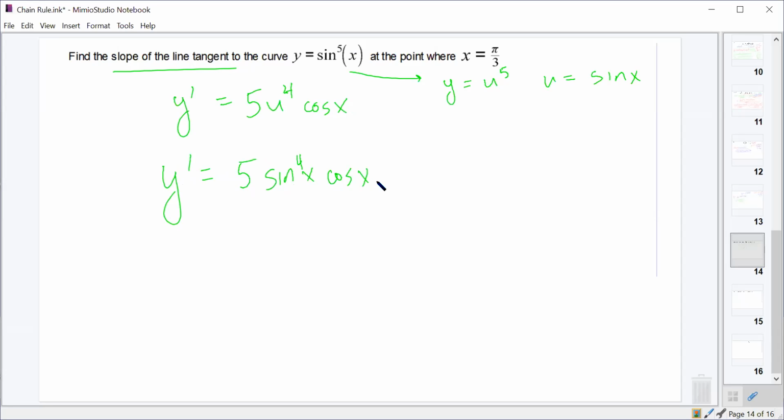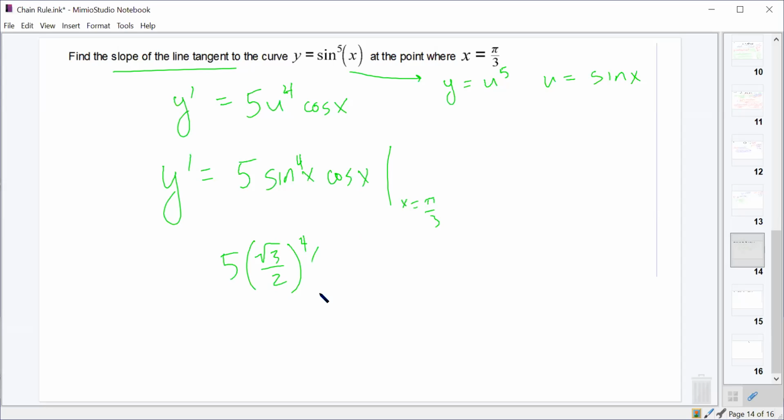All right. So next up, what? Plug in our x value. So at x equals pi over 3, what do we get? We get 5 times the sine of pi over 3. What's the sine of pi over 3? Root 3 over 2, to the 4th.